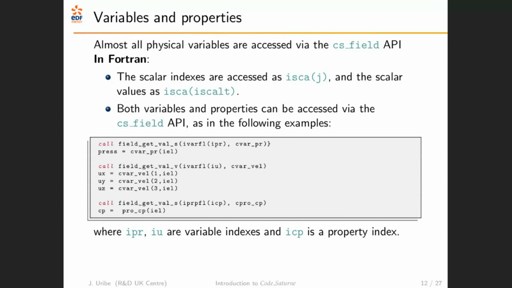Now this number IEL is the cell number, and that gives you the pressure at that cell. Similarly, for the vector field, which is the velocity, you store it into this array in this particular subroutine, and then you can have all the components this way.